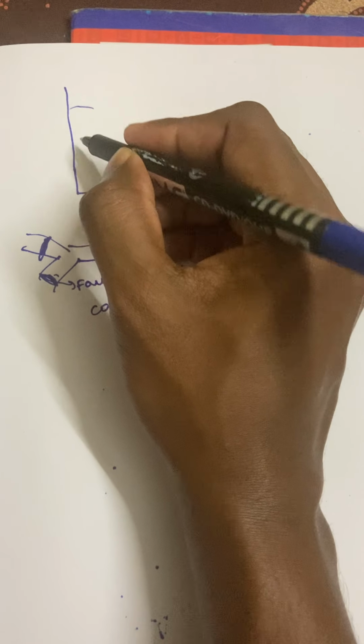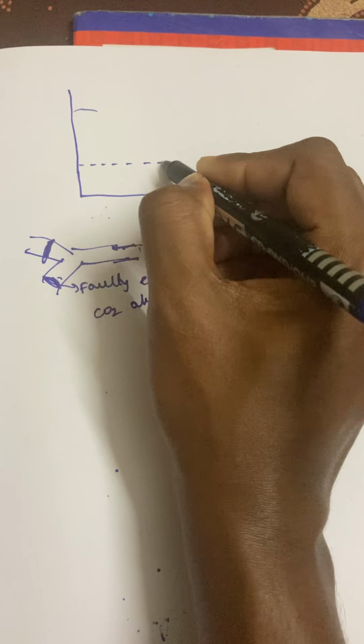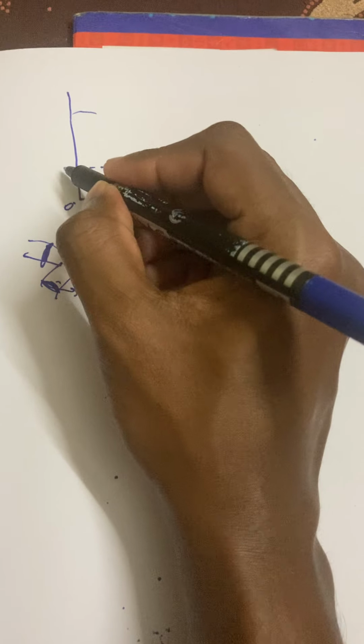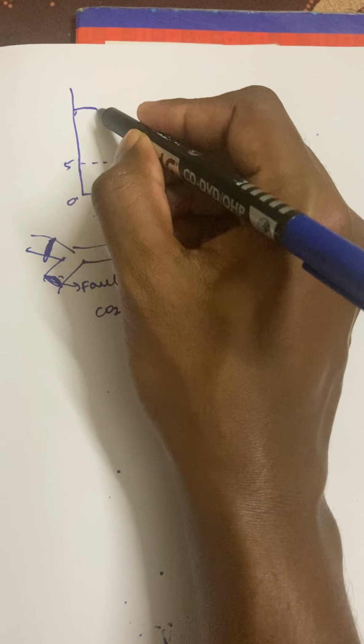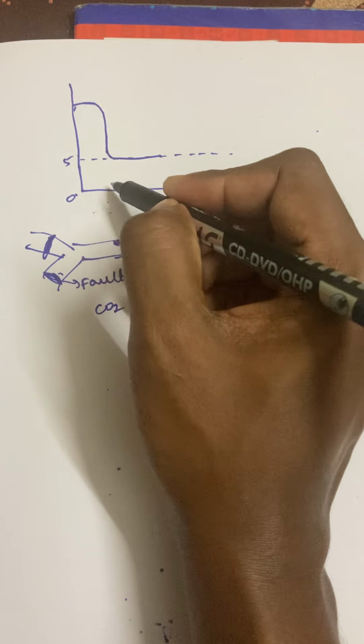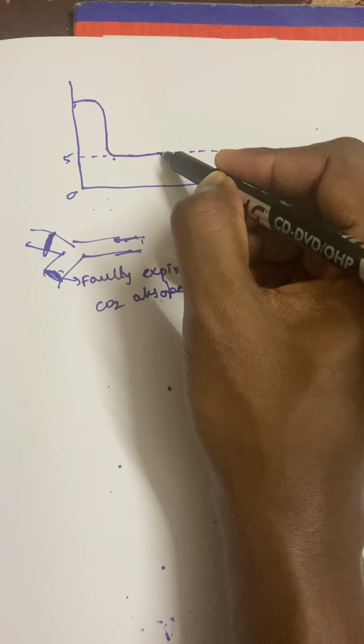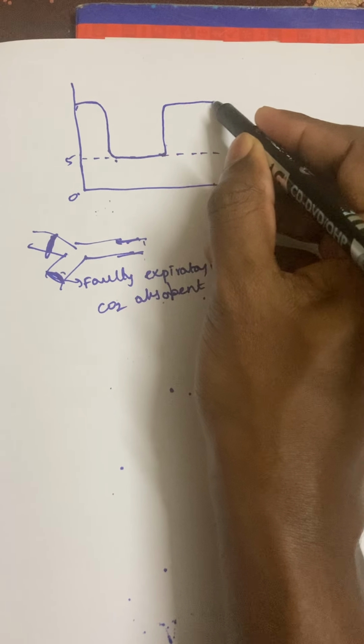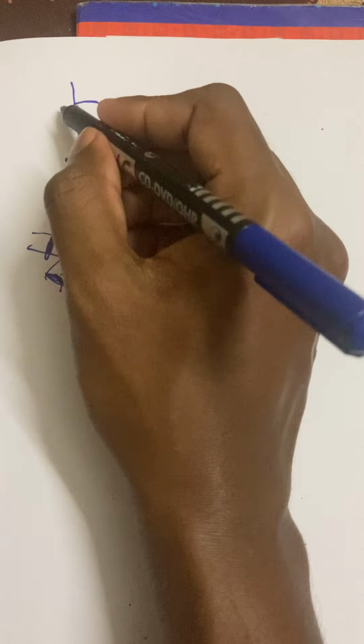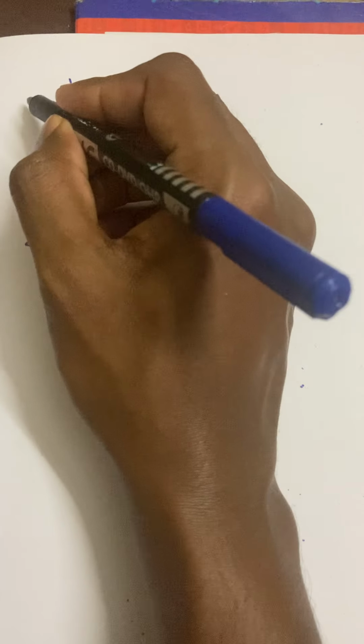Here, the EtCO2 doesn't come to 0. It will be elevated upwards from the baseline levels. From the baseline level the EtCO2 will be elevated and the concentration of CO2 will also be very high.